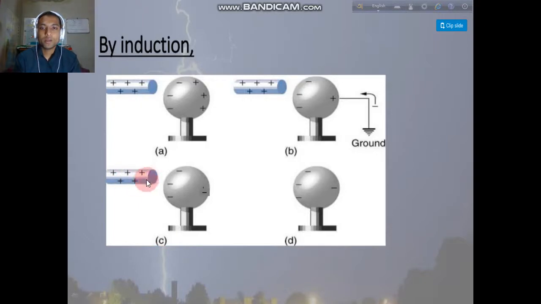Now in figure D, when we remove this positively charged rod, the negative charge will spread over the neutral object. In this way we can charge a neutral object by induction.